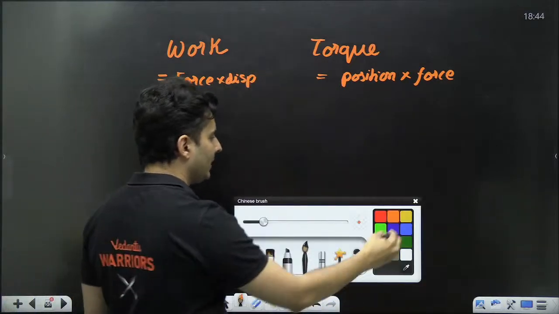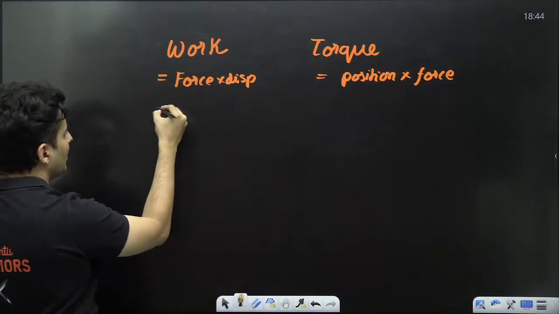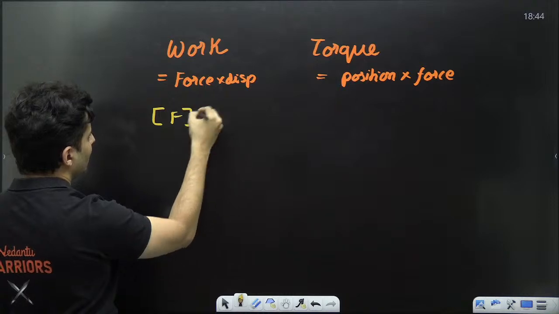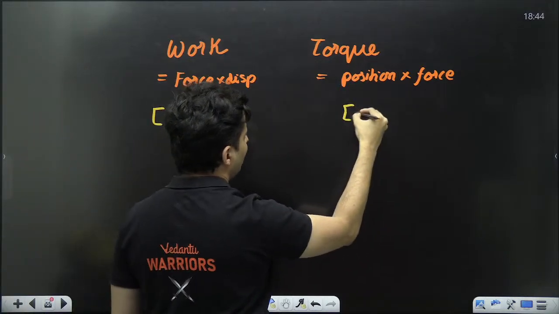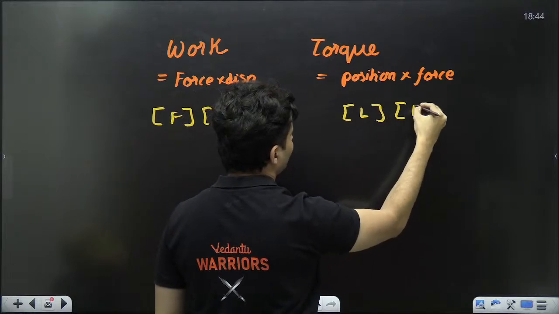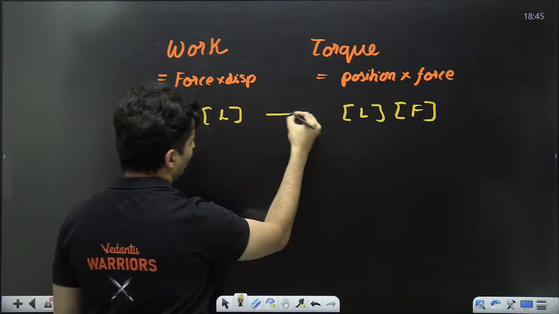So if you look at it dimensionally, force dimension into displacement the dimension, which is length. Position's dimension is length. Dimension of force is F. So technically what I will get is both are same.